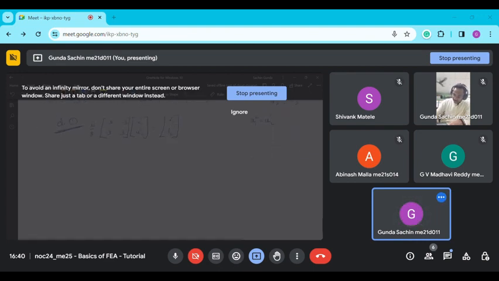You can use the global degrees of freedom like u1, u2, u3 as well. We will use this and then proceed. So if you are writing in u1, u2, u3, then k will be, just take e common outside.